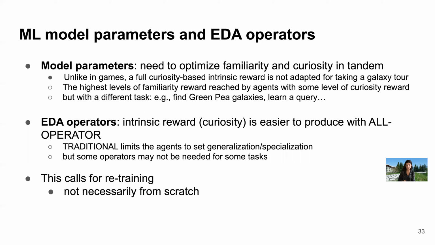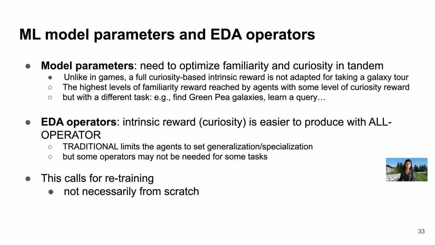the point I wanted to make about model parameters is that for data exploration in general, one needs to optimize for familiarity and curiosity together, and that one needs to fine-tune these parameters depending on the task or the target, right?